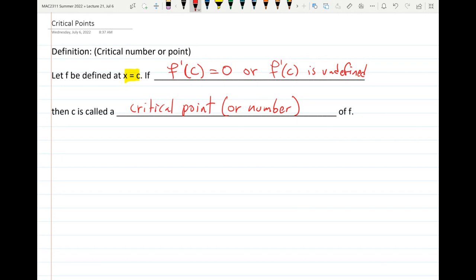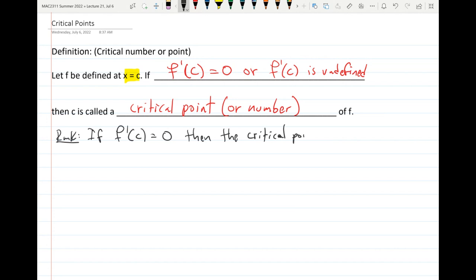Either the derivative vanishes, we call these stationary points. A critical point is called stationary if this is the condition, let me actually say, or undefined, okay? So remark, if f prime of c is equal to 0, then it's a critical point.